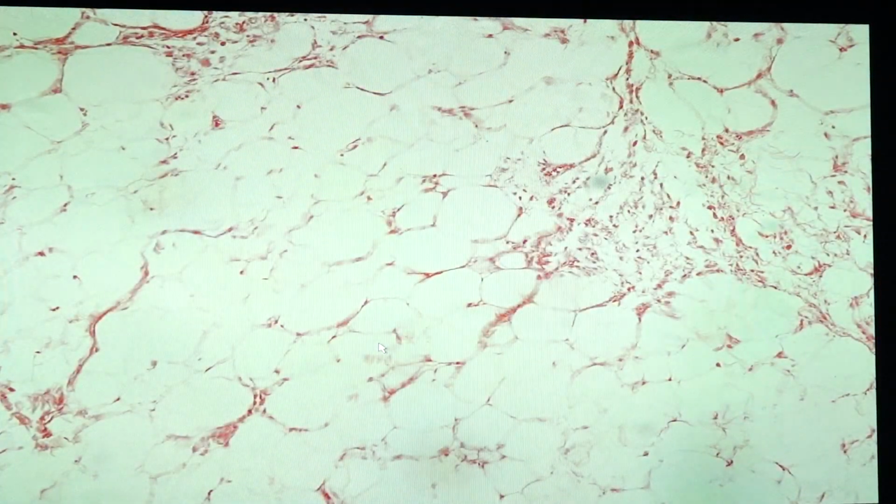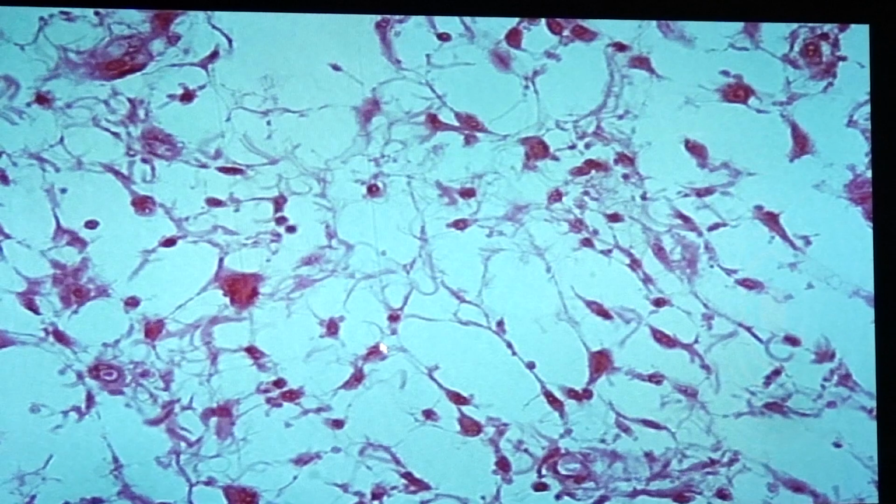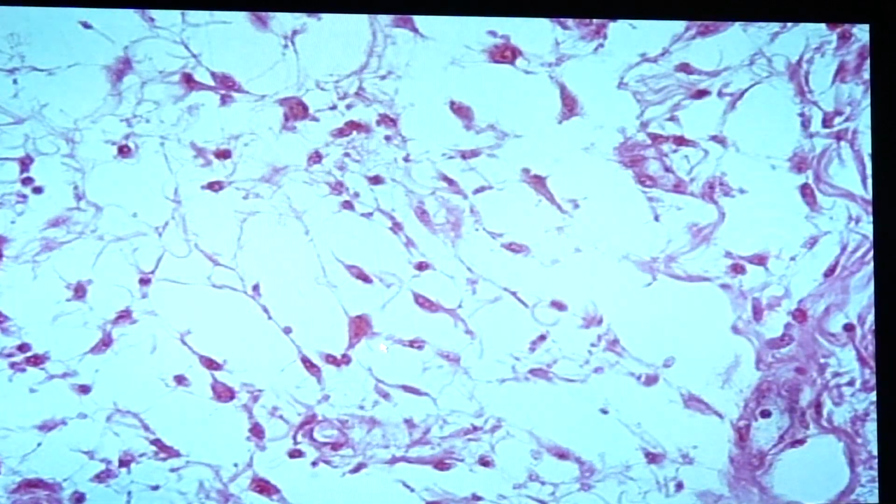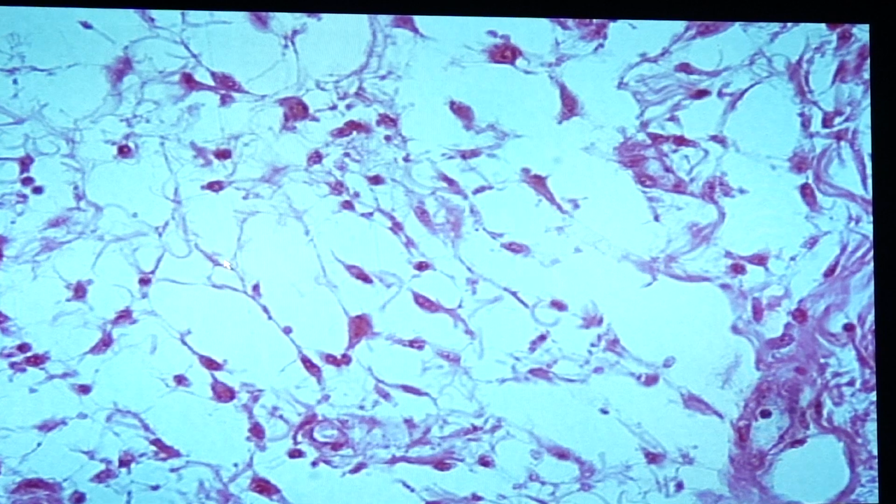Now let's go to the concerned area. Once you browse other portions, you would see this particular area. It is similar to the adipocytes in the previous areas that I've shown to you, but this time you would notice that although you have the adipocyte-looking cell with abundant clear cytoplasm, you would see the presence of these larger nuclei.